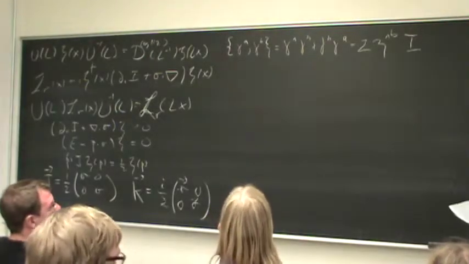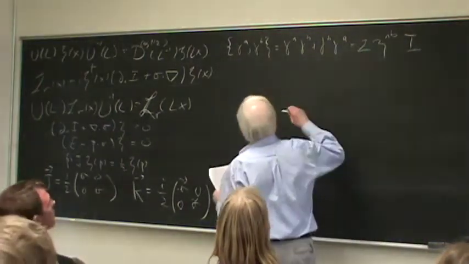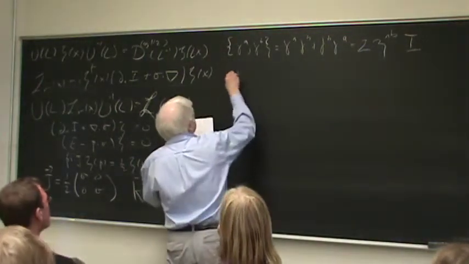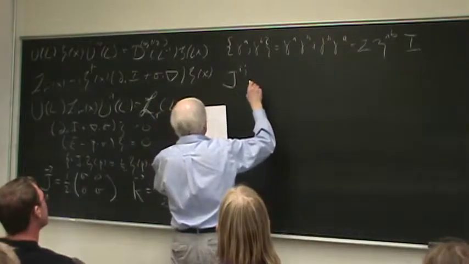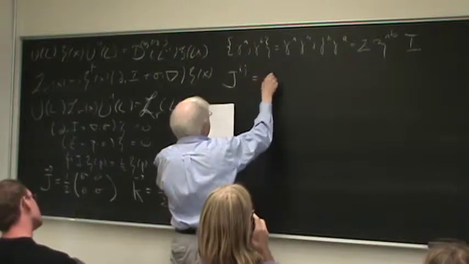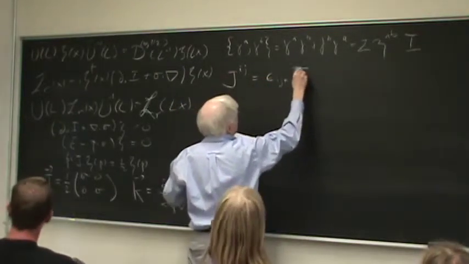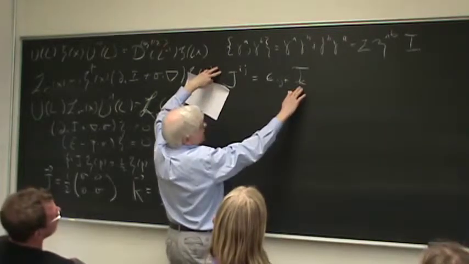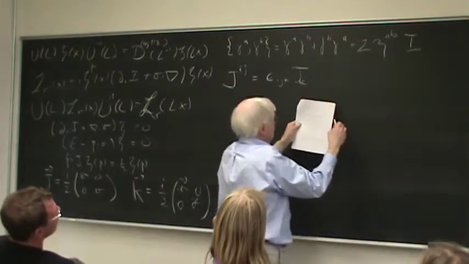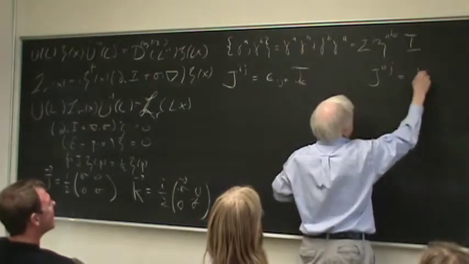Now what's really remarkable is that you can define Jij as a combination of the Jks. So we're just turning a vector into a tensor here. And J0j is going to be Kj.